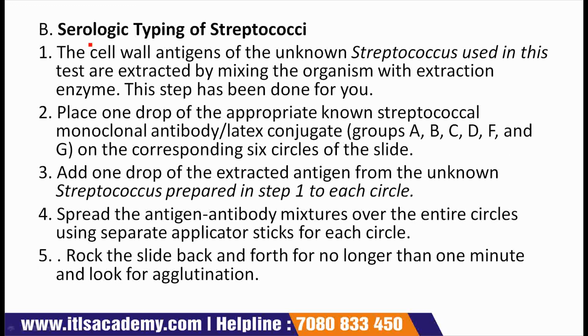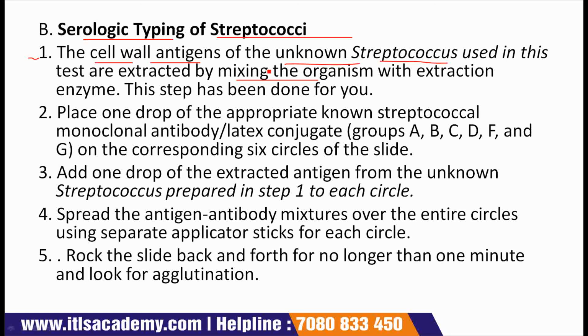Now come to the serologic typing of streptococci. Very first point is the cell wall antigens of the unknown streptococcus used in this test are extracted by mixing the organism with extraction enzyme.